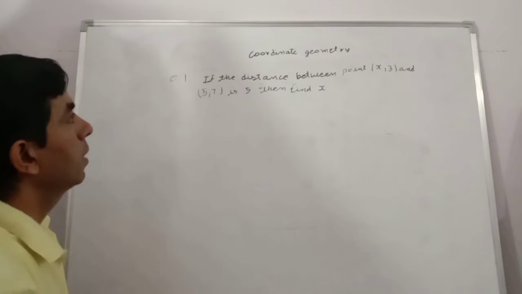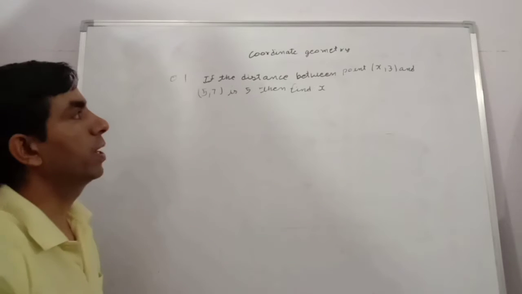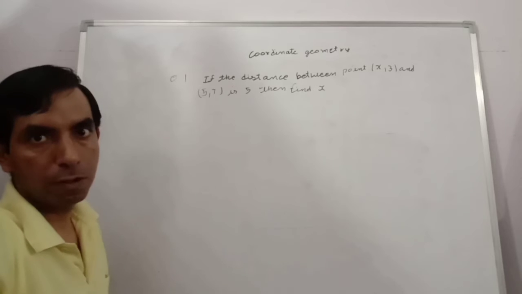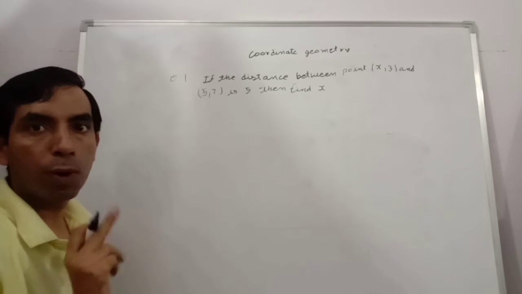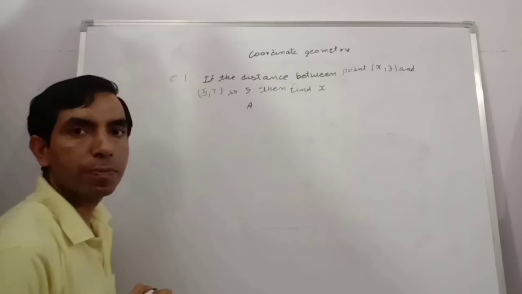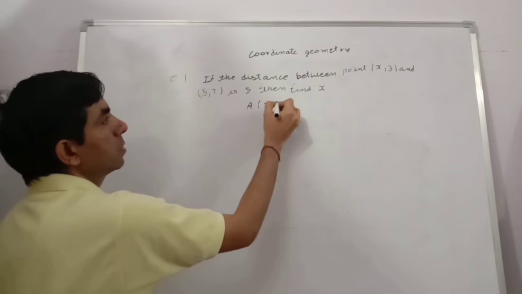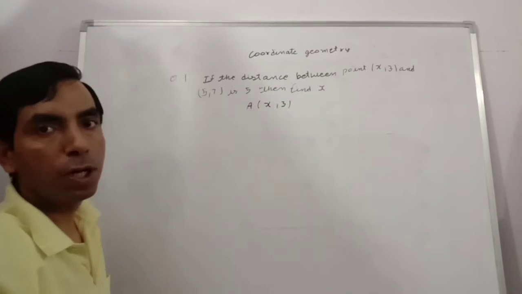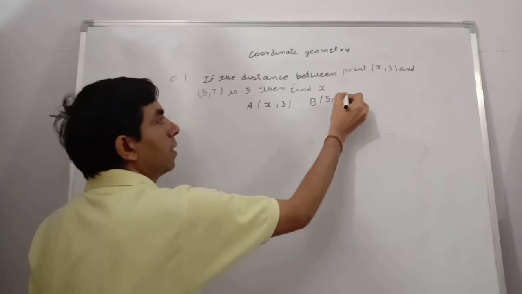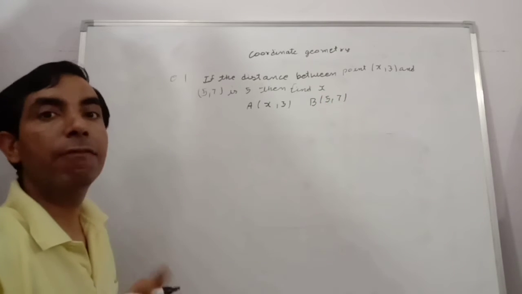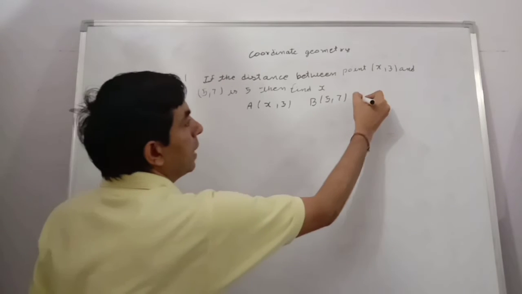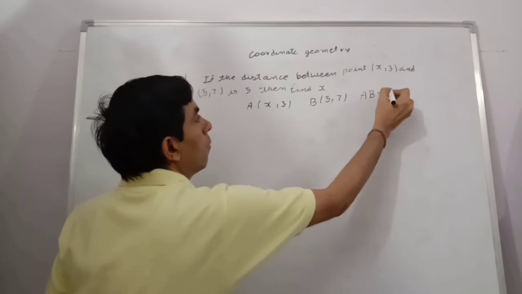Here it is given that the distance between two points (x, 3) and (5, 7) is 5. So we have two point coordinates. First we take A, whose coordinate is (x, 3), and the second point is B (5, 7), and the distance is already given, so AB equals 5.